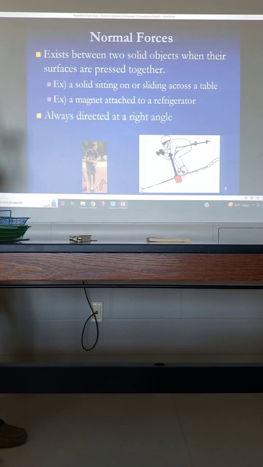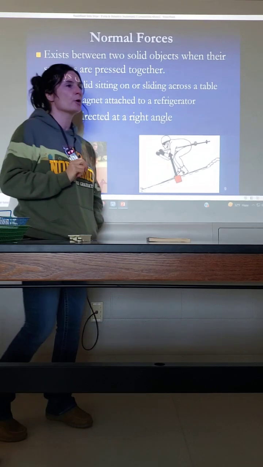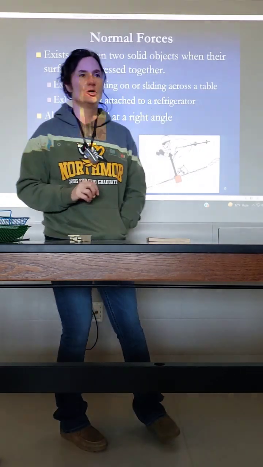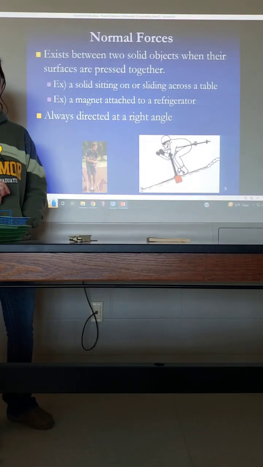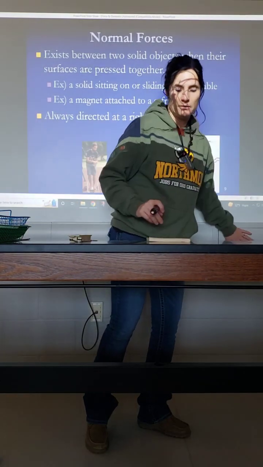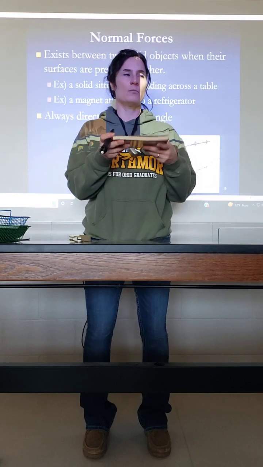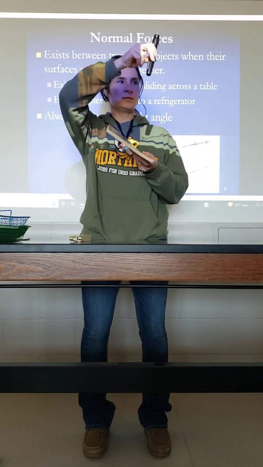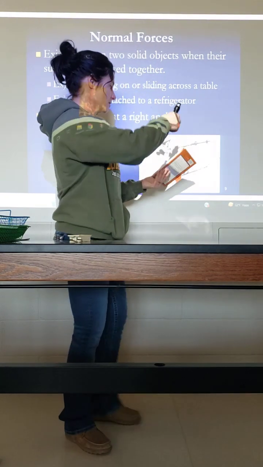Here's the other thing that is kind of the main key. Normal force is going to work perpendicular, at an exact right angle, to the surface that the object is on. So if this book is now my surface, it's like a hill, okay? This is my person, my little skier.